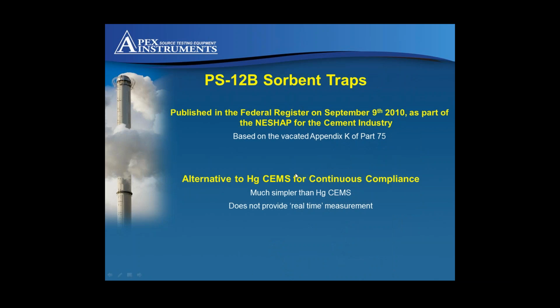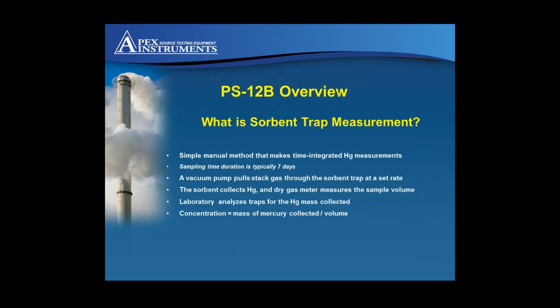Sorbent trap monitoring, of course, for compliance reporting is a much simpler alternative to continuous analyzers to keep them within calibration. The sorbent trap measurement is a manual technique that takes time-integrated mercury sampling, and as I mentioned previously, typically for 7 days.